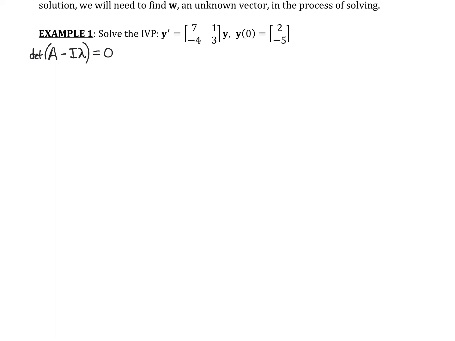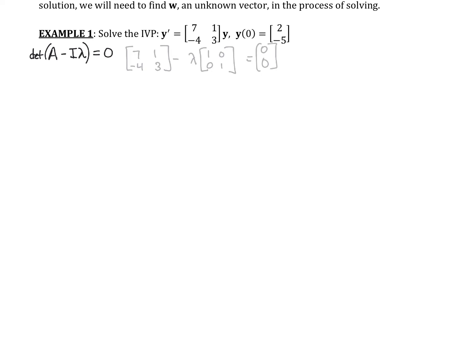And before, what we had done is we had gone through and showed all of the steps. And these are the steps I'm hoping we can start to skip a little bit. We would go through and say, okay, this is 7, 1, negative 4, 3. And I'm going to subtract lambda times 1, 0, 0, 1, and it's going to equal 0, 0.